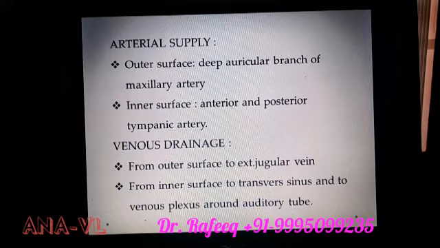The posterior tympanic artery is a branch of the stylomastoid artery. Next is venous drainage. The venous blood from the outer surface of the tympanic membrane drains to the external jugular vein. But venous blood from the inner surface drains to the transverse sinus, and a few veins drain to the venous plexus surrounding the eustachian tube.